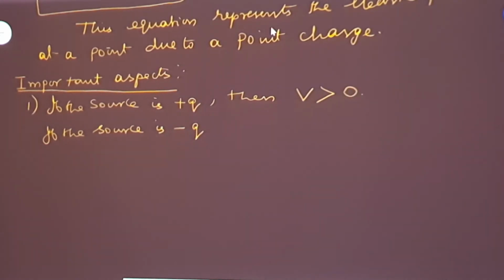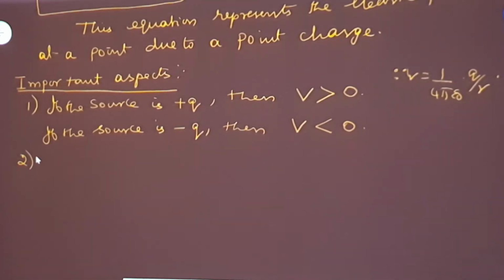Since the potential is given by the formula V is equal to 1 divided by 4 pi epsilon 0 q divided by r, when this charge is positive, the potential V will be greater than 0. If it is minus q, then the potential V will be negative, so the potential V will be less than 0. This is the first point that we can consider.